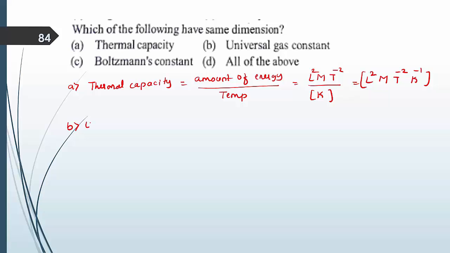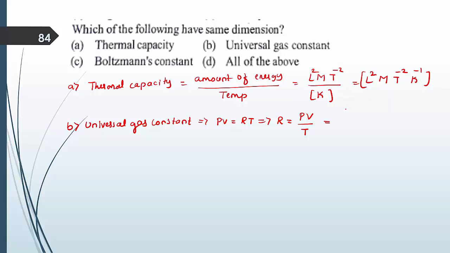Come to the second option, it is given universal gas constant. What is that? We know the equation PV equal to RT, or R equal to PV divided by T. Here PV indicates again energy, pressure times volume, work done.